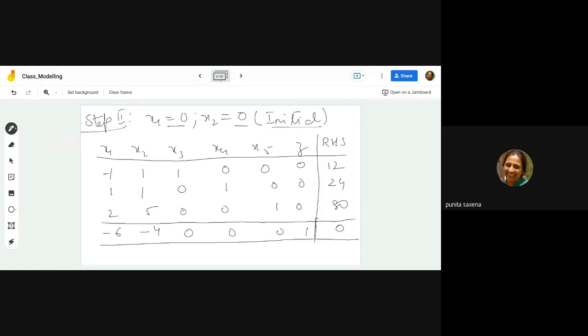Basically we need to move over to a solution which will give us an improved value of the objective function. Okay, is that okay? Yes.